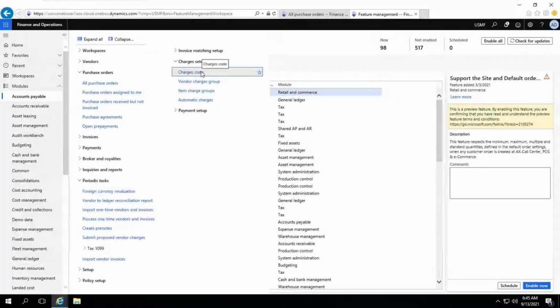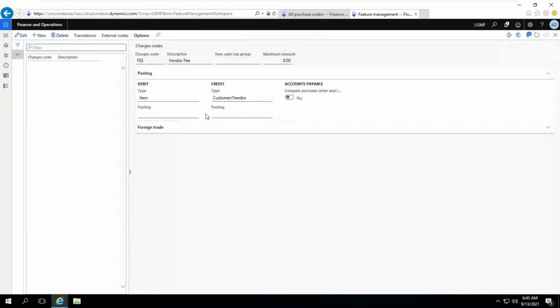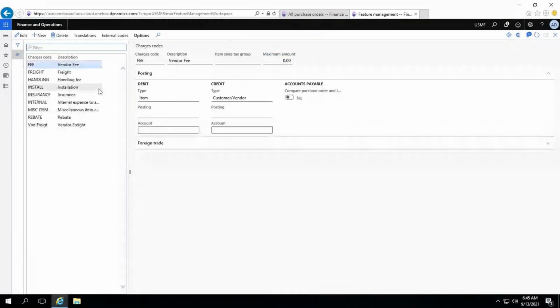If you click on these charge codes, here if you observe, suppose fee: it is item debit, vendor credit. This is fine.